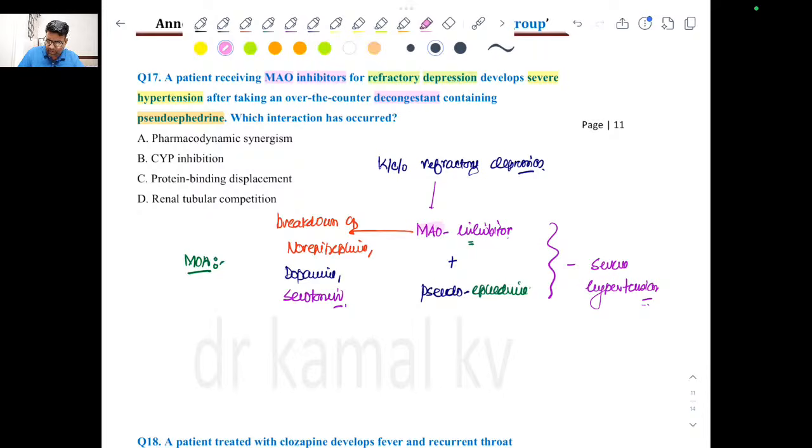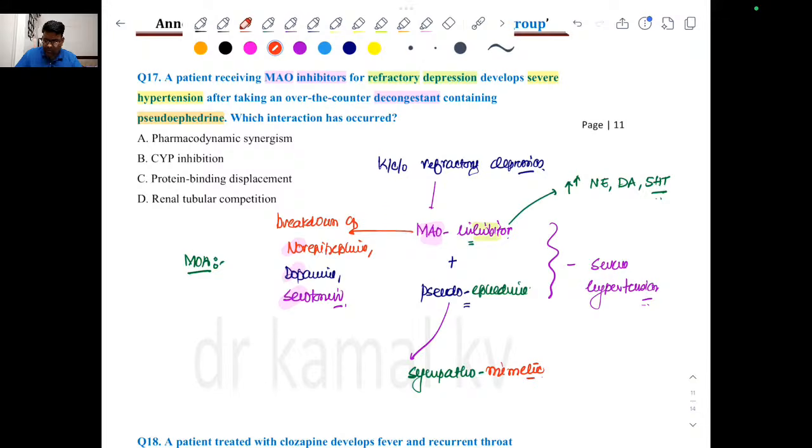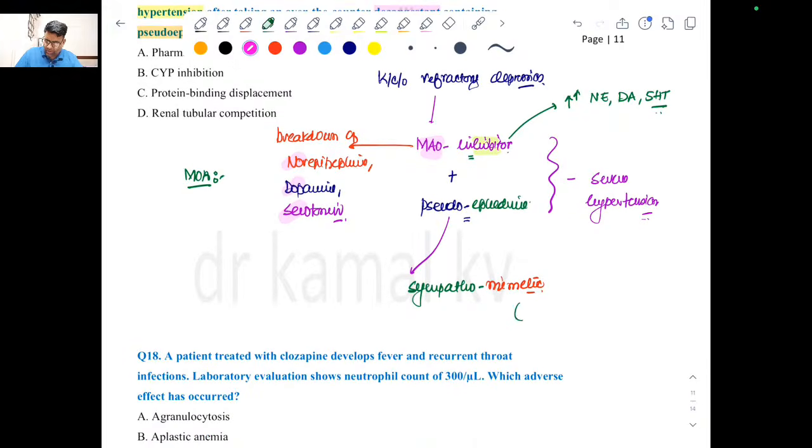So obviously if we are giving an inhibitor, we are increasing norepinephrine, dopamine and serotonin. So the level of these neurotransmitters is increased. Now this patient is also started on pseudoephedrine. So what is the mechanism of action here? It acts like a sympathomimetic. Clear? So it is also increasing norepinephrine activity.